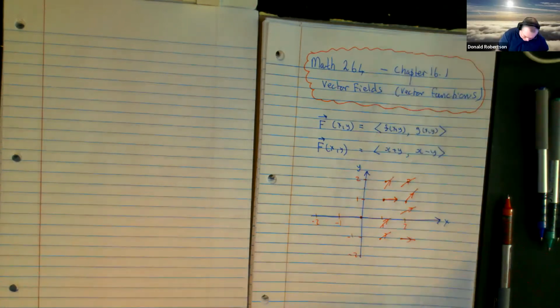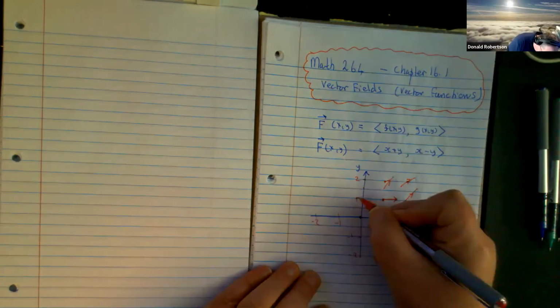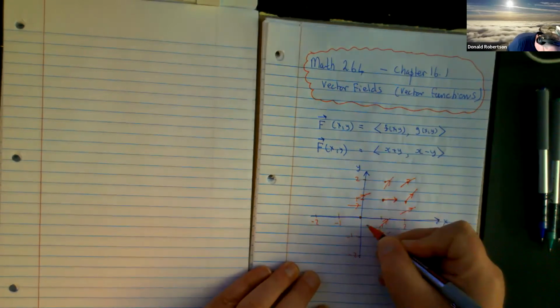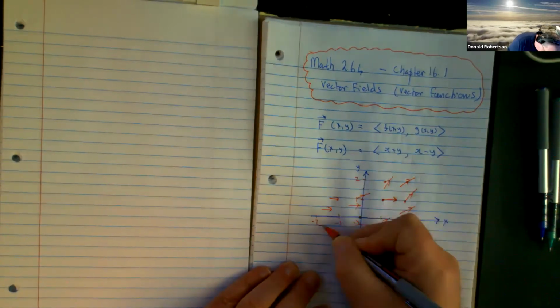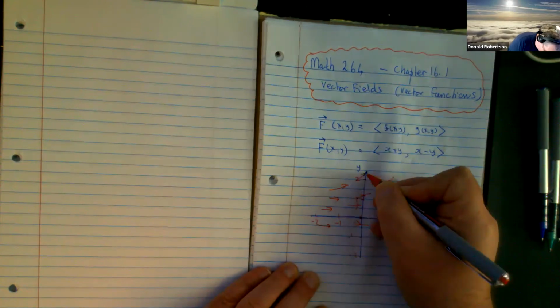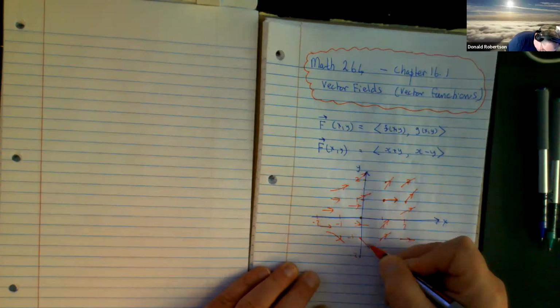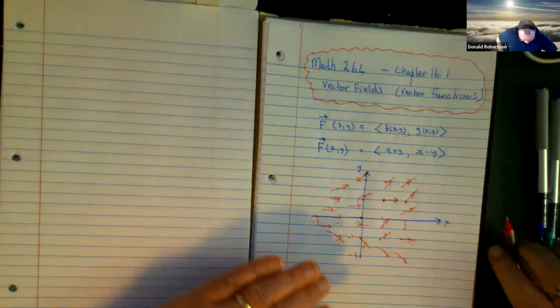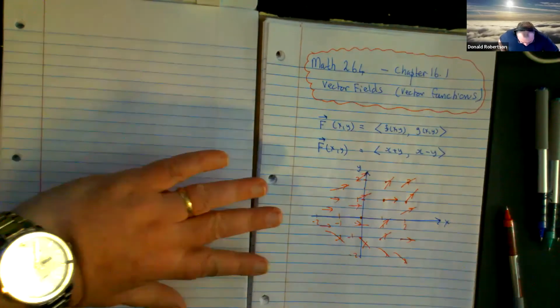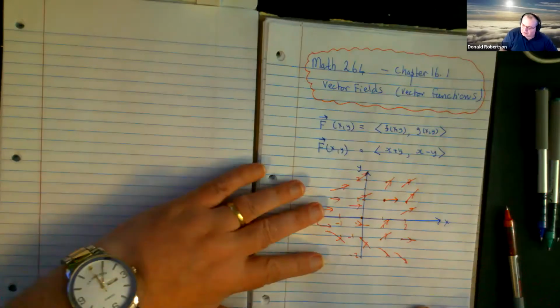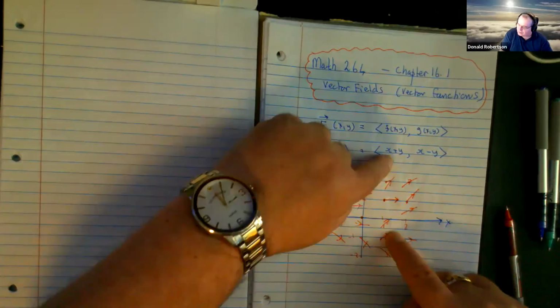Can you imagine a current in a river? Couldn't this be modeling it? Can you imagine if the vectors did this? I'm making this up, but can you imagine if the vectors do that? Don't you get a feeling that the current's going this way and then it's kind of branching outwards?